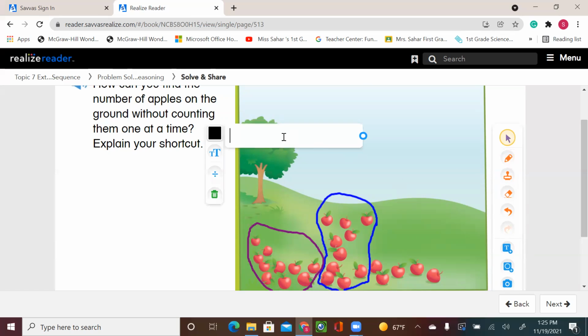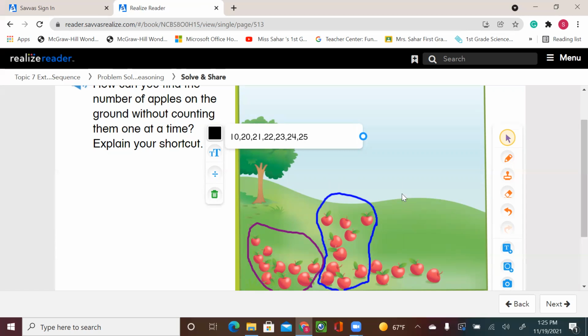I can write this down that I counted by two groups of 10. That's 10, 20, and then after that I said 21. I counted by ones because the remaining apples is not enough to make a group of 10, so 21, 22, 23, 24, 25.